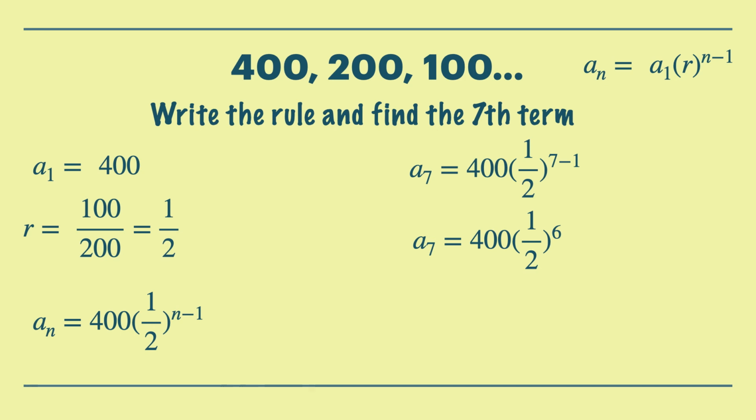I can take 1 to the 6th power and 2 to the 6th power, which is going to be 400 times 1 over 64. Now I can reduce 400 over 64, or just do 400 divided by 64. So my 7th term of that sequence is going to be 6.25.